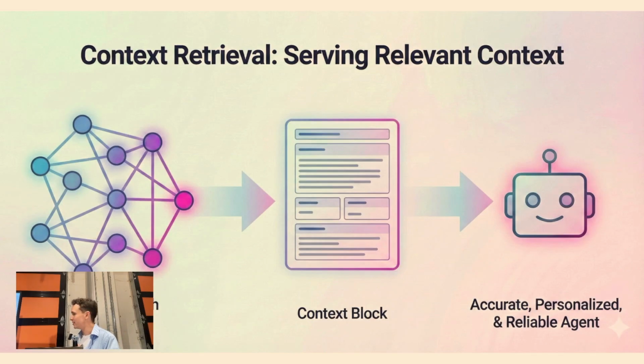What other questions are there? Can you tell us anything about the retrieval method in crafting a context block? Does it use some combination of vector search and graph traversal, and magic? Yes, I'm glad you asked that question. I should have touched on that.